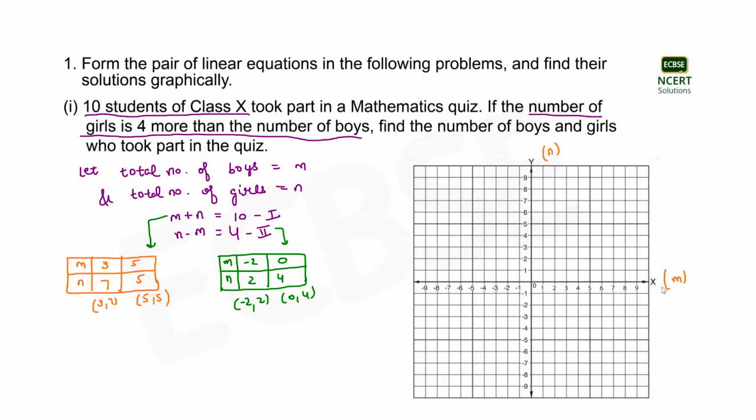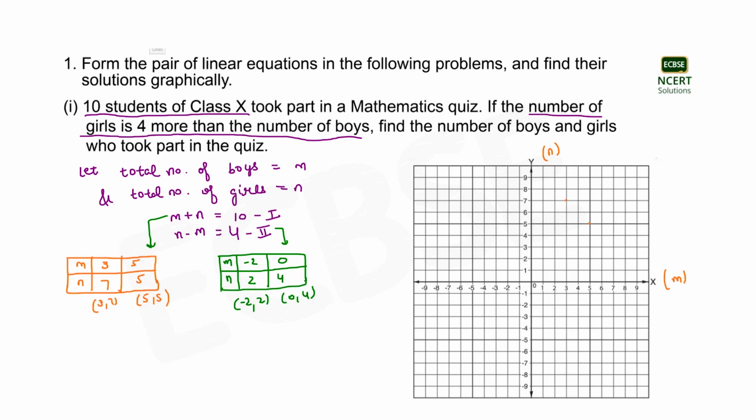That is, any point which we mark from the table for variable m will be marked over the x-axis, and any point for n value will be marked over the y-axis. So marking this point for the first table, that is 3, 7, which will be this point, and the second point is 5, 5, which will be this point.